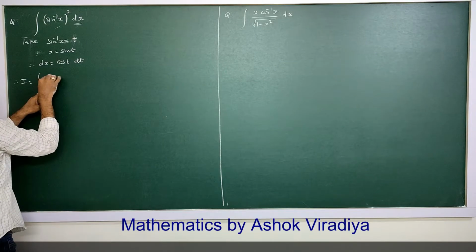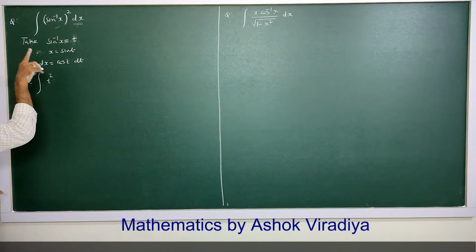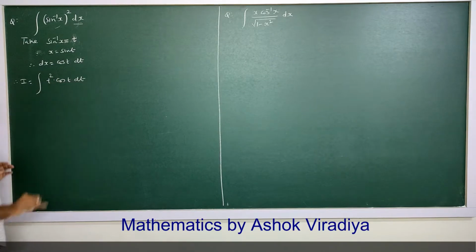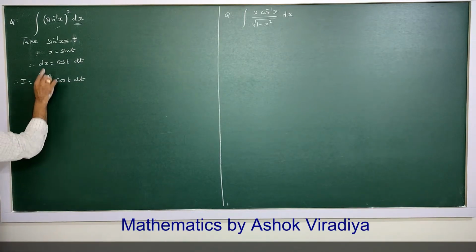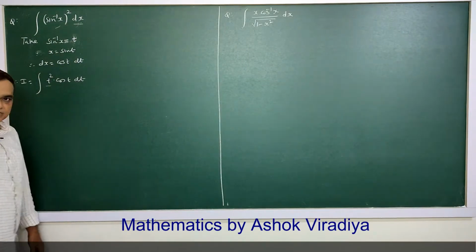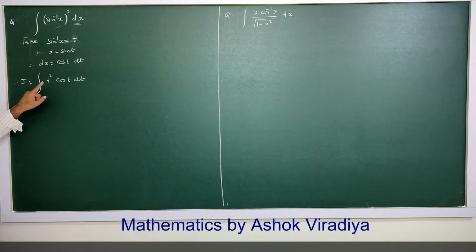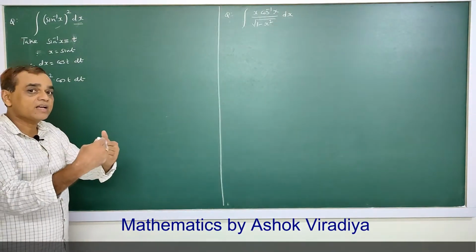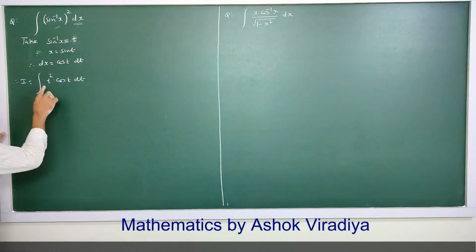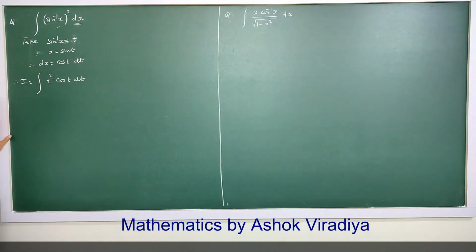So it is t square, and dx is cos t dt. Now see, this is algebraic and this is trigonometric. Algebraic, trigonometric: L-I-A, then T comes. L-I-A-T-E. So they are already arranged in proper sequence.